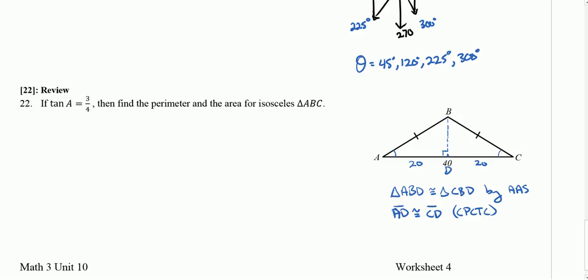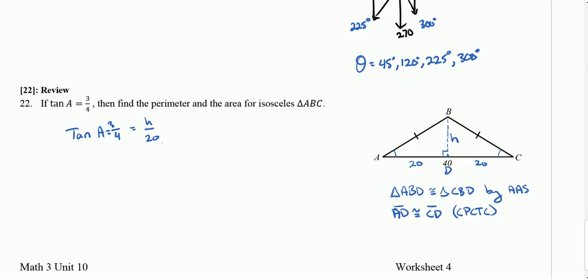And so here, let's let our opposite side, which is the height of the triangle, we'll call that h. And we know that the tangent of A is equal to 3 over 4. But from our picture, we know that the tangent of A is equal to h over 20.